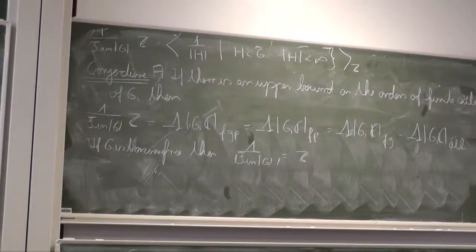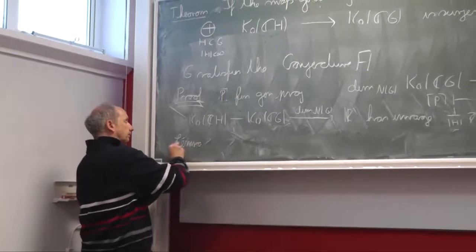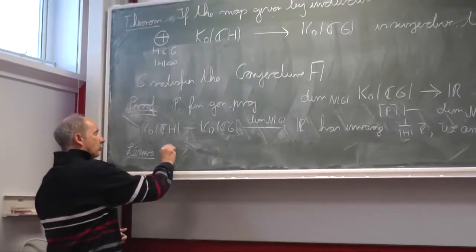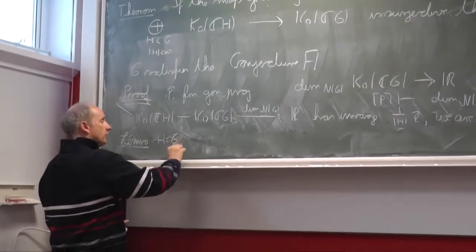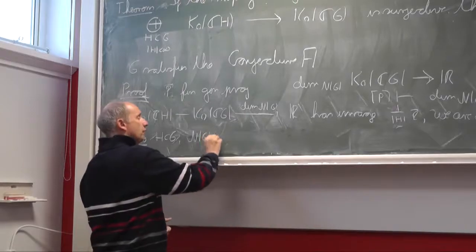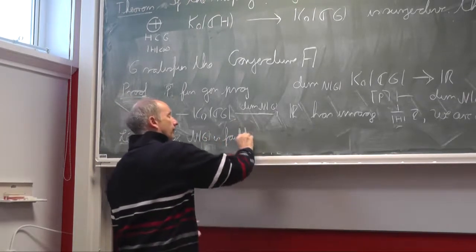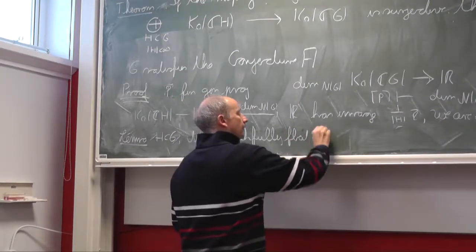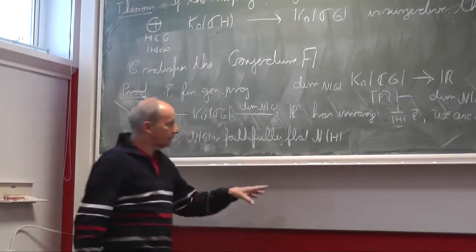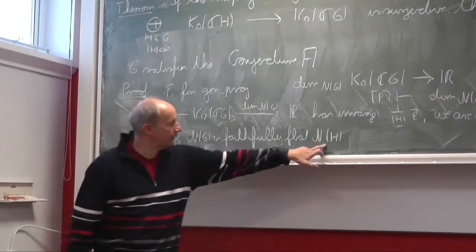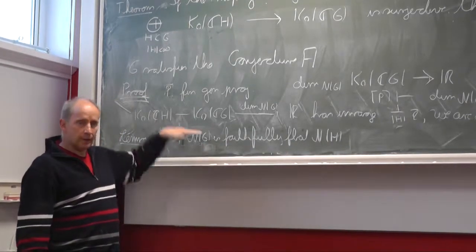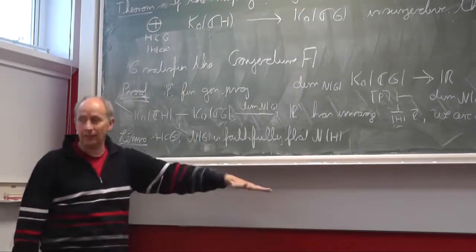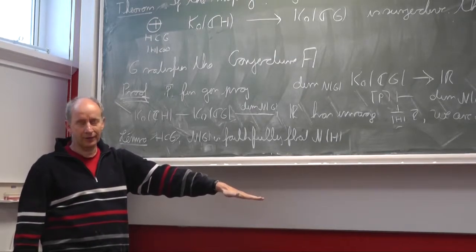And the point here is that this comes from the following lemma. When you have a subgroup H in G, this is in general true, then first of all, NG is faithfully flat over NH. That means if you have a sequence in NH and then induce it up, it's exact upstairs exactly if it is exact downstairs before.